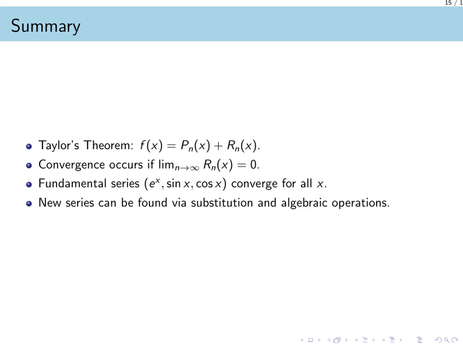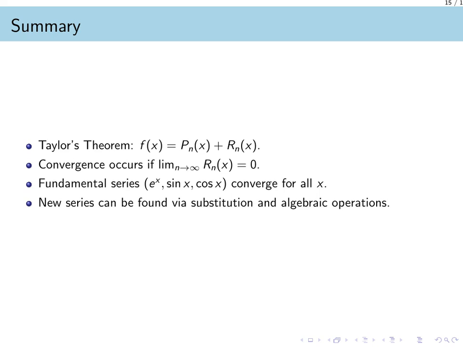Let us pause to summarize the central results we have established regarding Taylor series. Taylor's theorem tells us that any suitable function, f of x, can be expressed as the sum of its nth degree Taylor polynomial, P sub n of x, and a corresponding remainder term, R sub n of x. The polynomial is our approximation, and the remainder is the error.